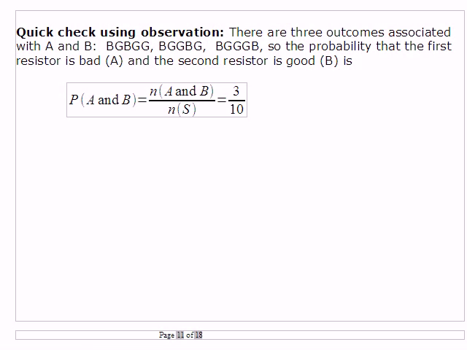Now in this case, because the sample space was so small and we could write out all the possibilities, we can just go back and count the number of outcomes with a bad resistor first and a good one second. There's 3 of them, and there were total 10 in the first case, so the probability of A and B just from counting was 3 out of 10, which is exactly what we got by the longer formula.